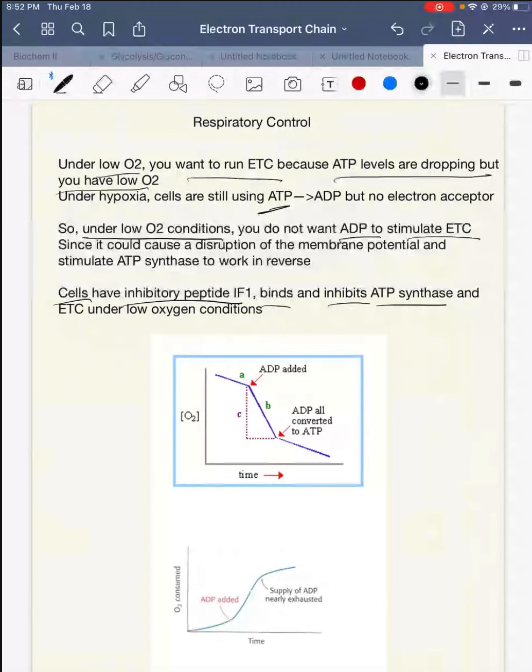So we need to somehow stop that, because ADP is stimulating ETC, and because we don't have the electron acceptor, we don't have the proton gradient, so ATP synthesis is running backwards. So we need to somehow stop that whole reaction from happening. So the cells have this inhibitory peptide IF1. It binds and inhibits ATP synthase, and that way ETC still runs under low oxygen conditions, but we're not hydrolyzing ATP. Okay.